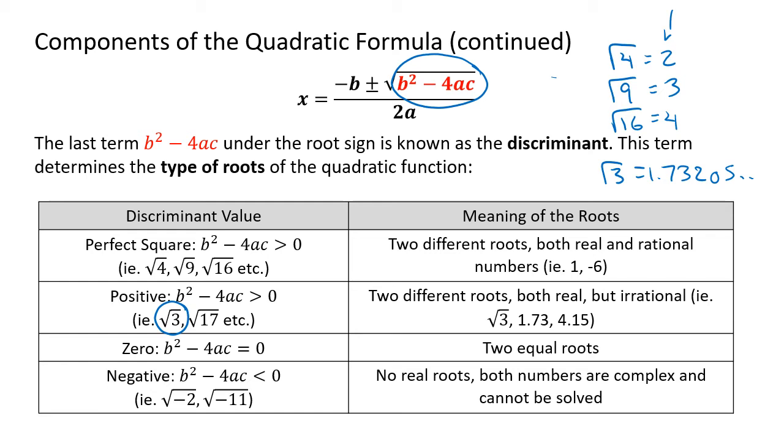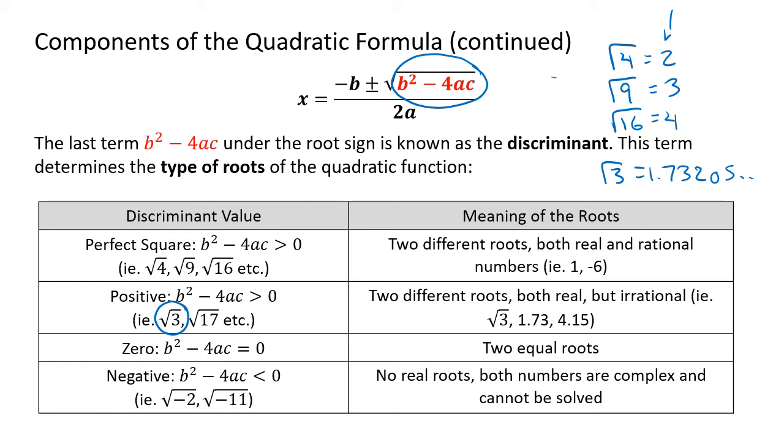So it's not a perfect square like a 2, a 3, or a 4. In both those situations, you get two roots that are different, but they are distinct. So you have two roots, and in other words, the parabola goes through the x-axis twice.